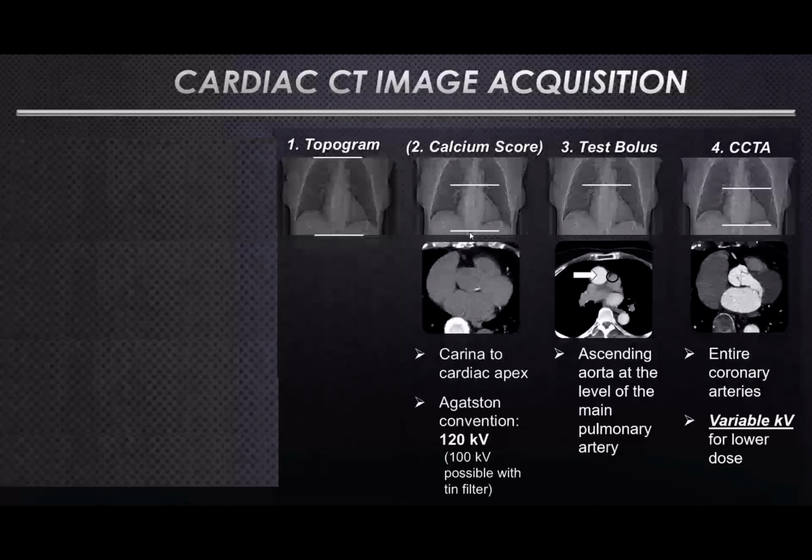According to the Agatston convention, Agatston was a researcher who did a lot of standardization and research initially on calcium scoring, the calcium score is performed with 120 kV, which is, of course, more dose than low kV scanning, but because the Agatston scoring is so nicely standardized among all different races and age groups, it's still performed with 120 kV.